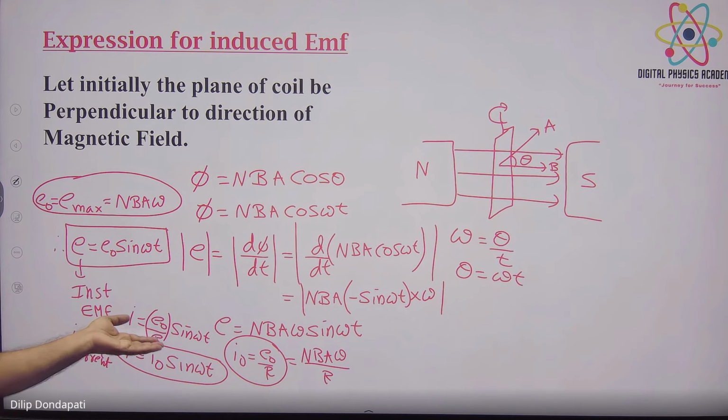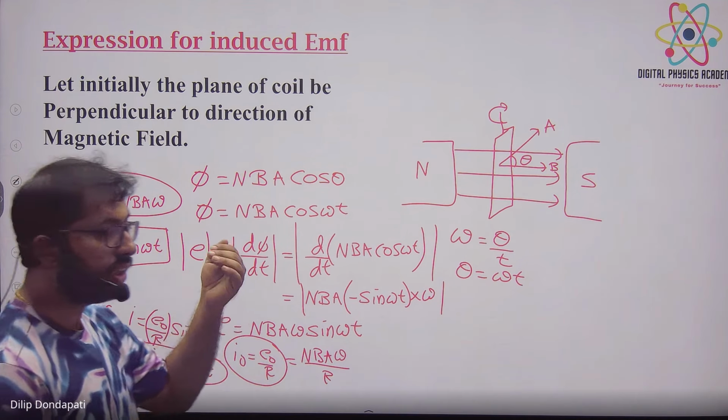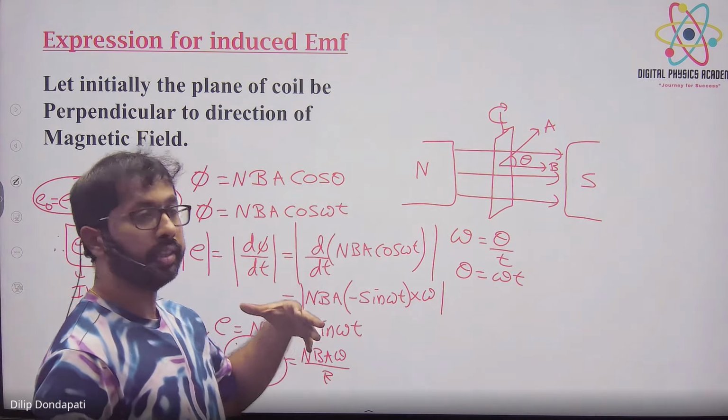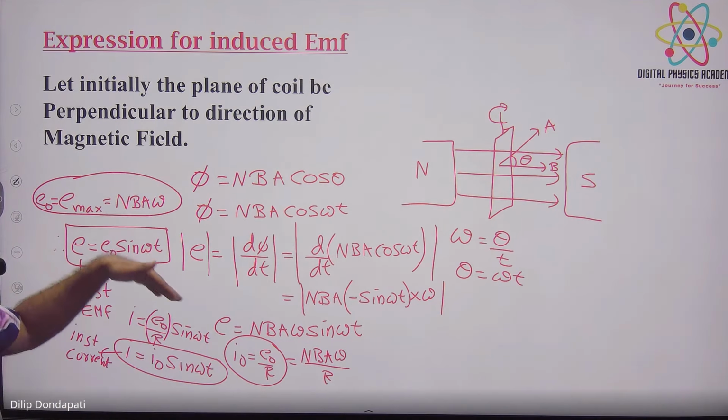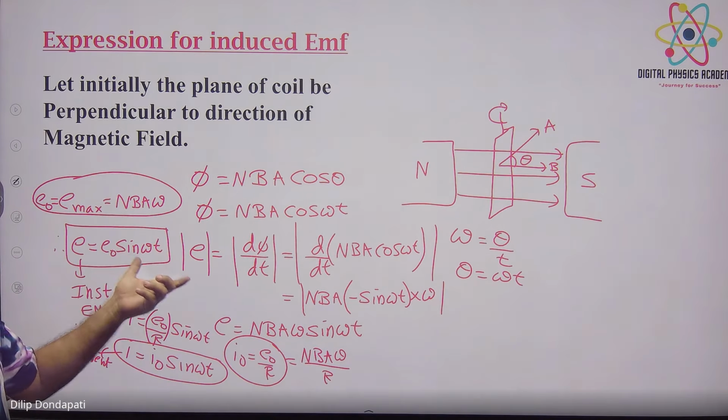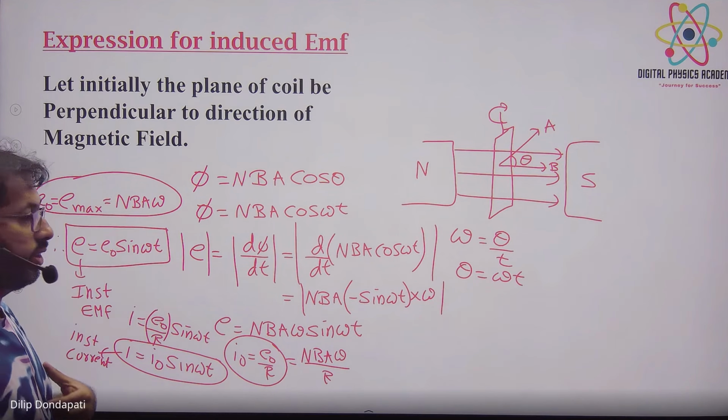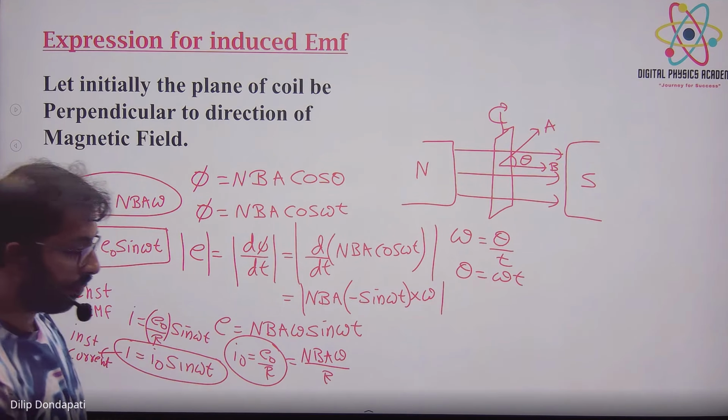So this is the introduction for AC. In AC, the voltage of our house comes in a sine waveform. E naught sin omega t is the value which is our house voltage, and the current is I naught sin omega t.